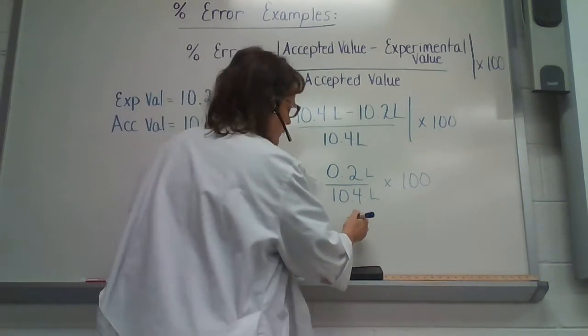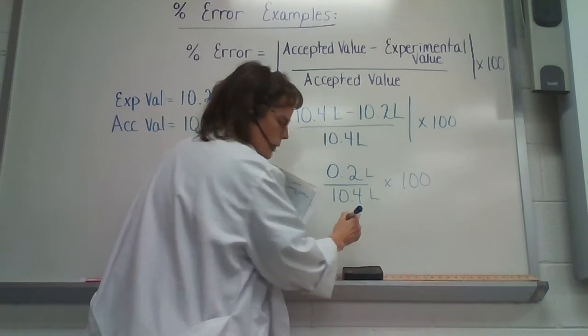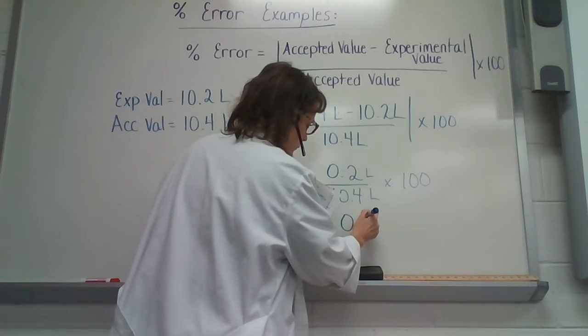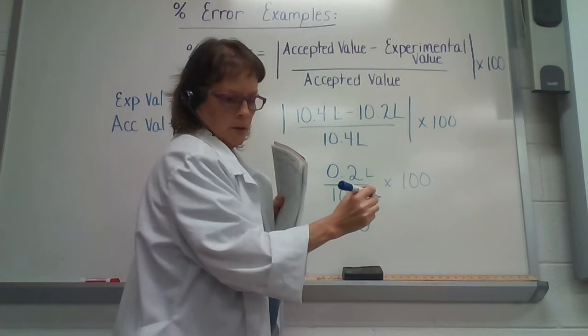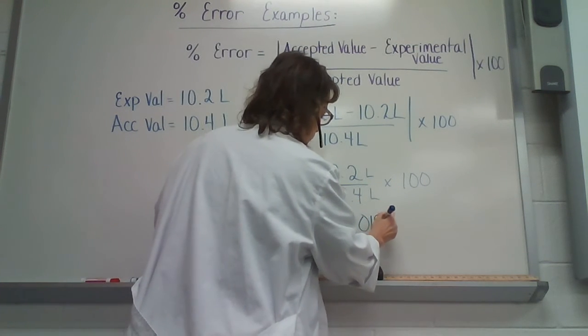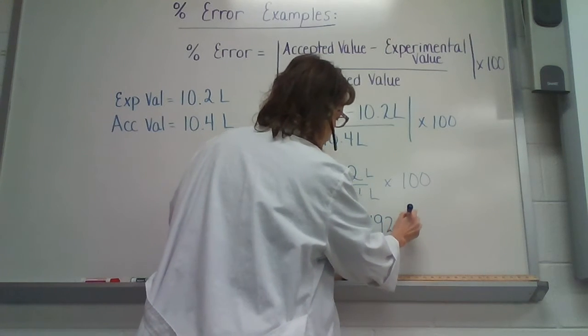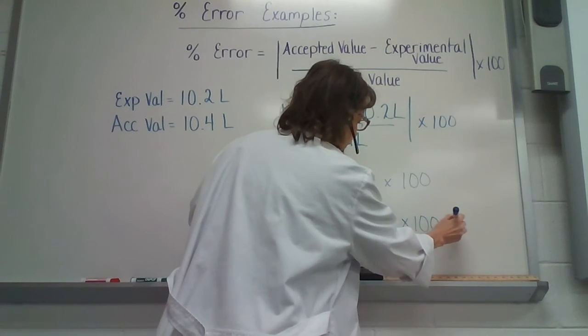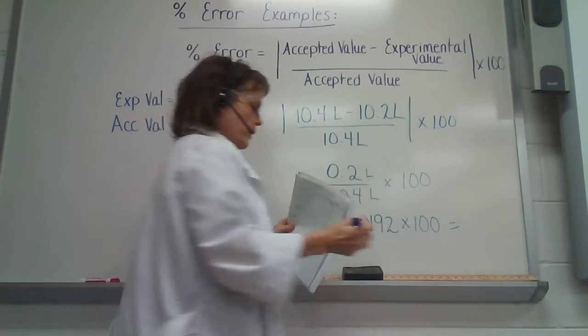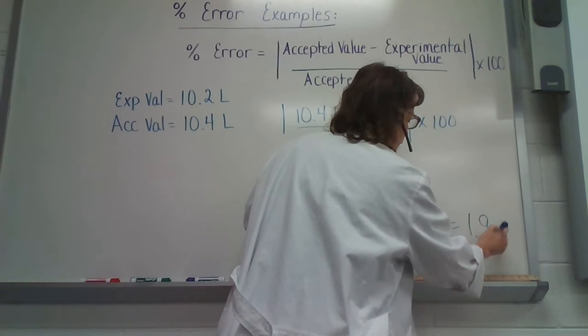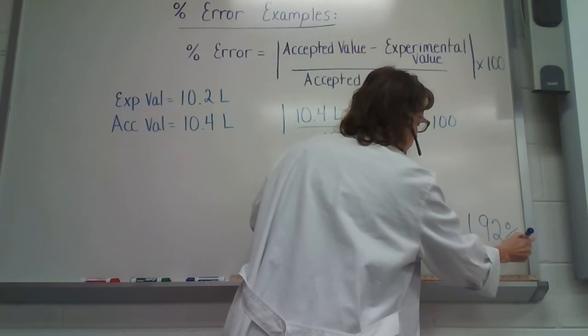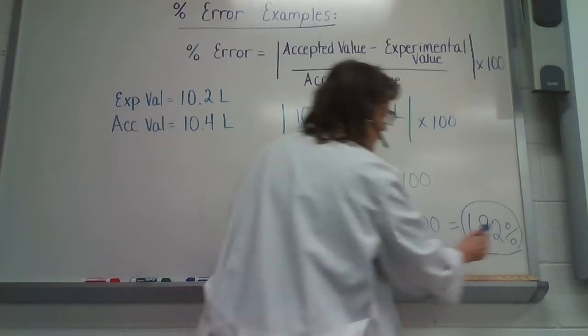Your decimal here is 0.0192. Okay, and we still got to multiply that by 100, and that's going to give you your percentage of 1.92% error.